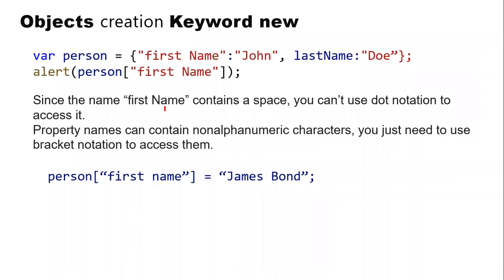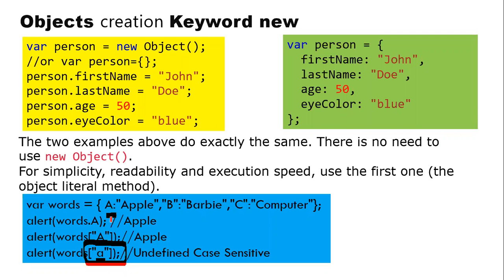Okay, so just as I was telling you now, remember, if I'm going to use spaces in between the property name, then you cannot use the dot property to access the members of the object. Let me tell you this again.